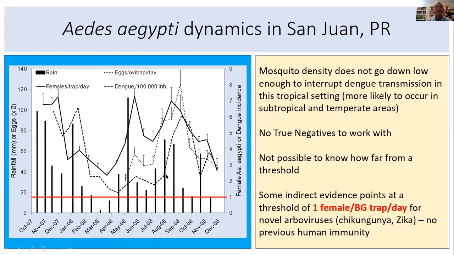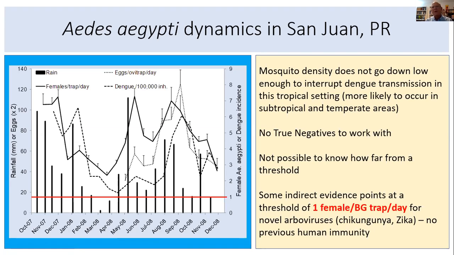This is an example of a study that we did in San Juan, Puerto Rico a few years ago. The bars is rainfall, the continuous line is the mosquito population. We were using BG traps for this study. The dashed line is dengue. And then we kind of infer, as I'm going to mention later, that the threshold for transmission for novel arboviruses is one female per BG trap per day.